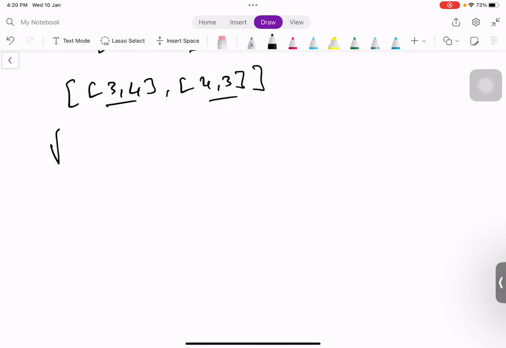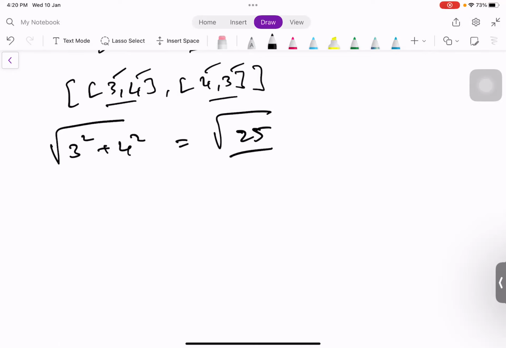So the length of both the diagonals will be the same: root of 3 squared plus 4 squared, which is root of 9 plus 16, which is root 25. Now we need to find the one which has the maximum area. In this case, the area will be exactly the same, since 3 into 4 is equal to 4 into 3. So the area will be 12.